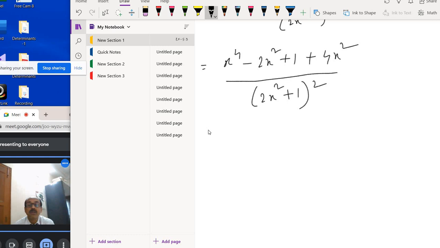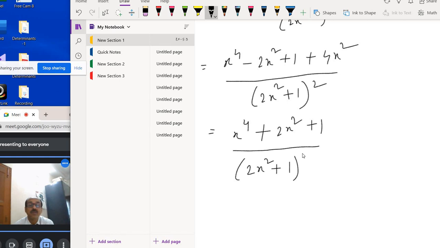Now this is equal to x to the power 4 plus 2x square plus 1 divided by 2x square plus 1 whole square. Okay, this is equal to, so we can write this as x square plus 1 whole square, yes, because of the formula a square plus 2ab plus b square.